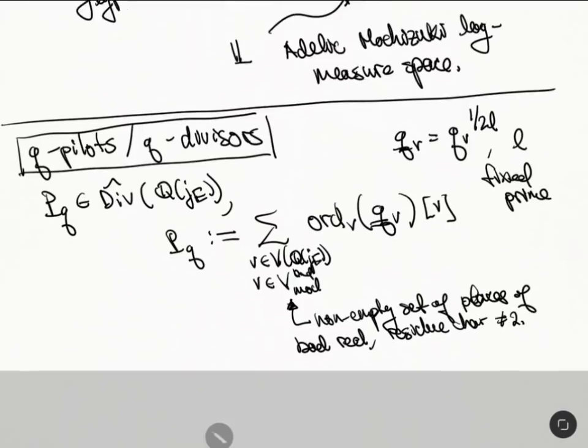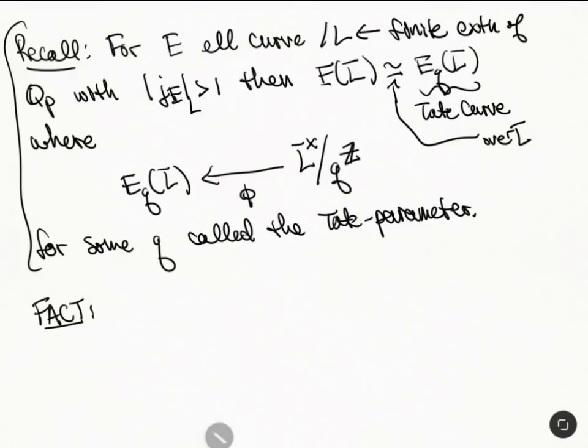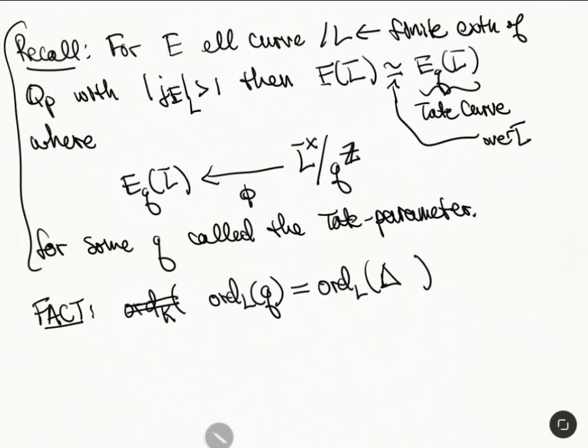One of the facts that I'll prove in a second is that the valuation of q, or the L-valuation of q, is equal to the valuation of the minimal discriminant, the valuation of delta of E_q.